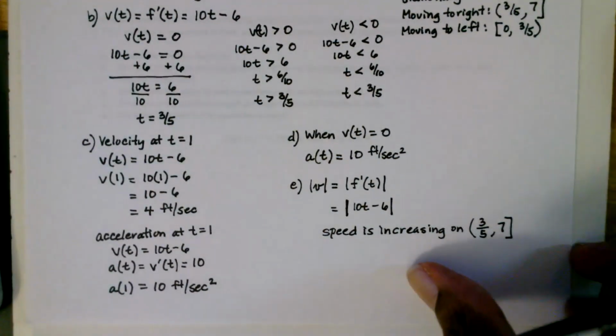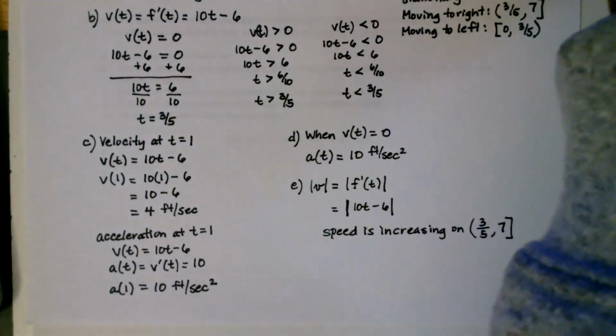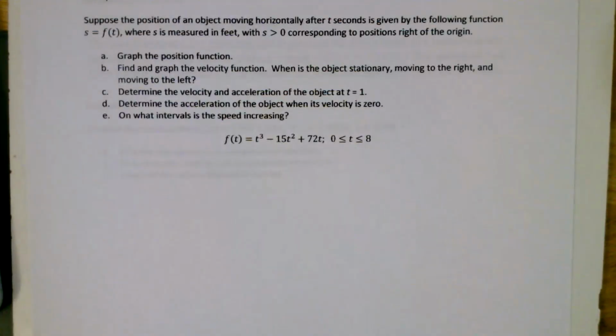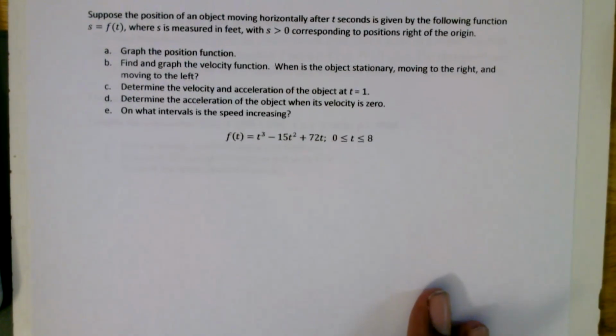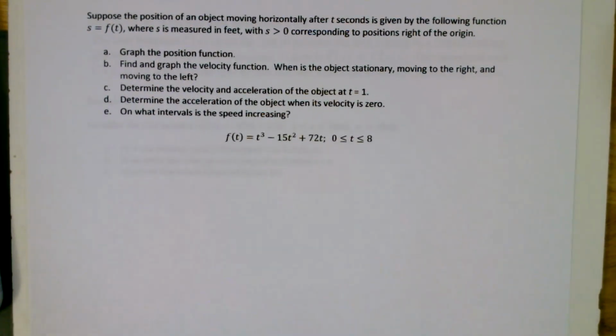Okay? Now let's take a look at another example. Let's say we had a function like this. Suppose the position of an object moving horizontally after t seconds is given by the function s equals f of t, where s is measured in feet with s greater than 0 corresponding to positions right of the origin.